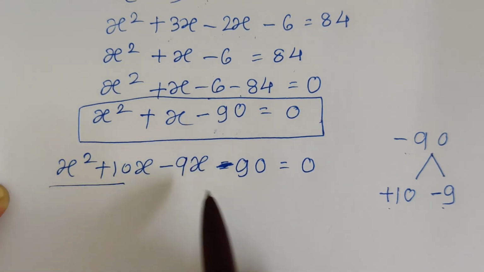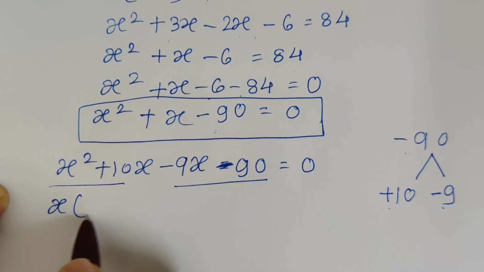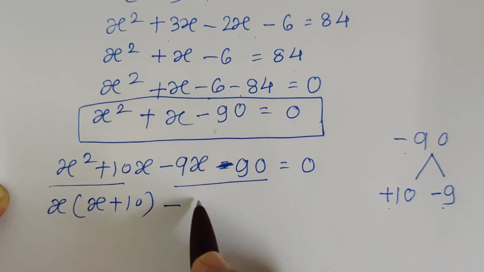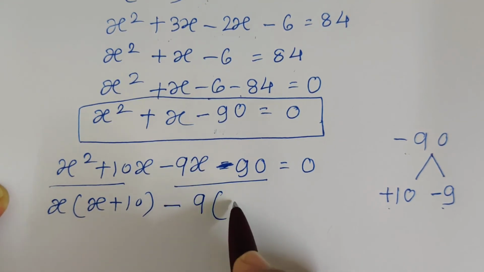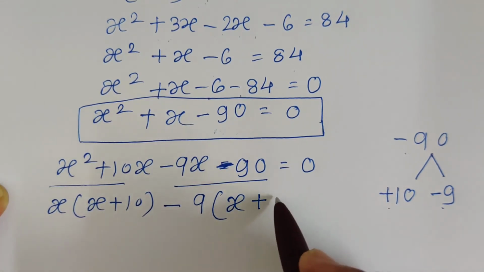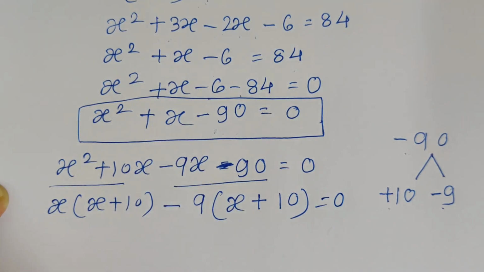This is the first group and this is the second group. x is common. x plus 10, minus 9 is common. Taking 9 out of the bracket, the minus sign inside will change, that is plus. 9 tens are 90 equal to 0.